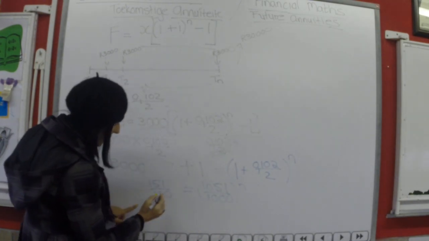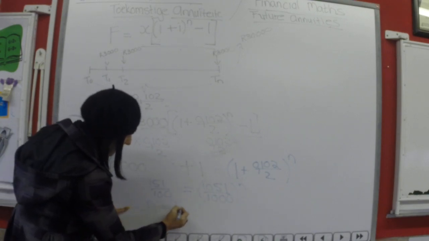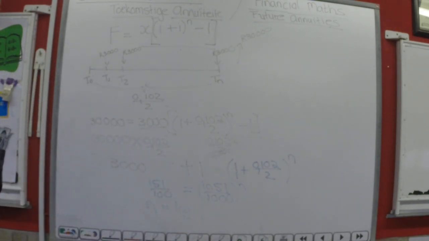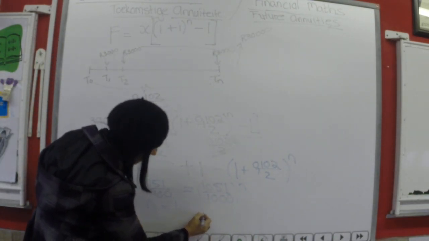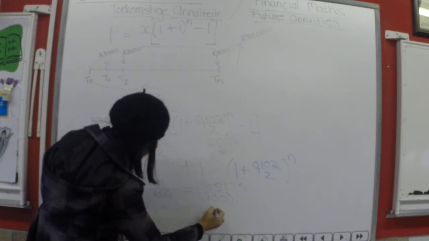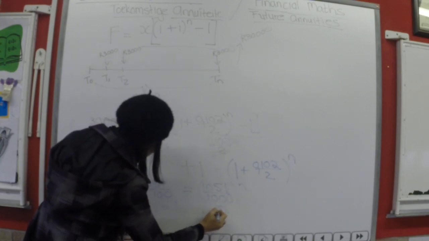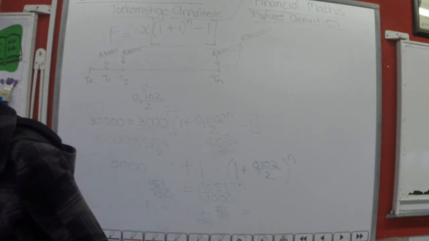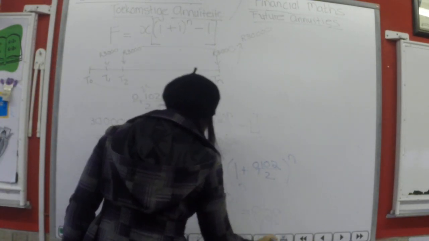And then I can use my logarithms to determine n equals the log of 151 on 100, and the base is going to be 1051 on 1000, and therefore if you calculate that on your calculator, it's going to be 8,28 installments.